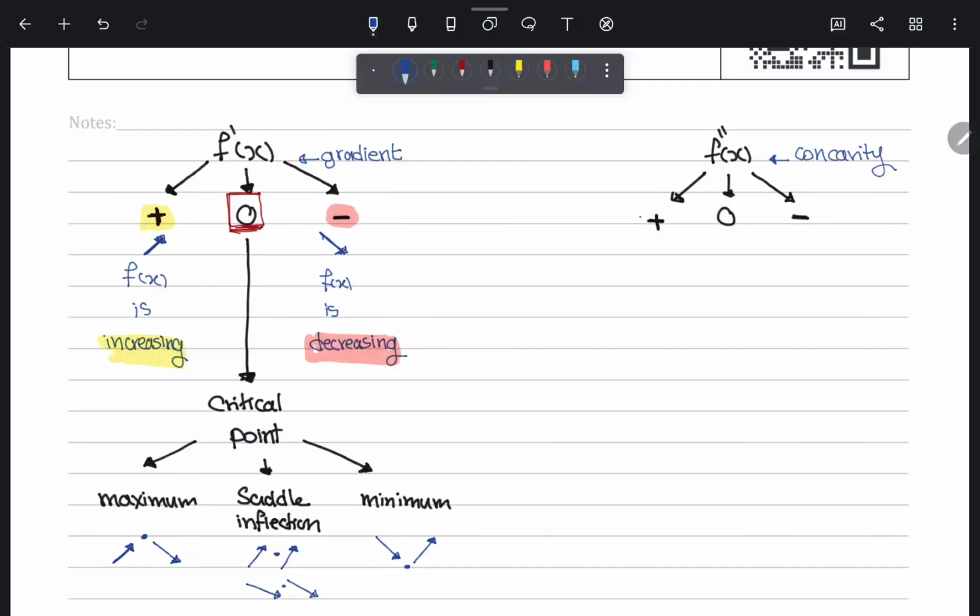If it's positive, the function is happy, so f of x concaves up, meaning open towards upwards. And here this is sad, so f of x concaves downwards. When the second derivative is zero, it means we have an inflection point.